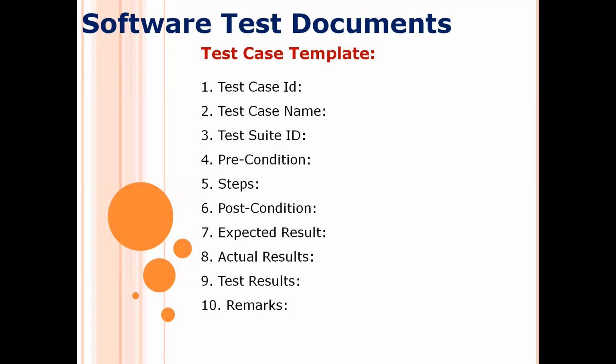You can use any tool for test management, or manually you can write documents using Excel software. Test case template may vary from one company to another, but the purpose is the same.